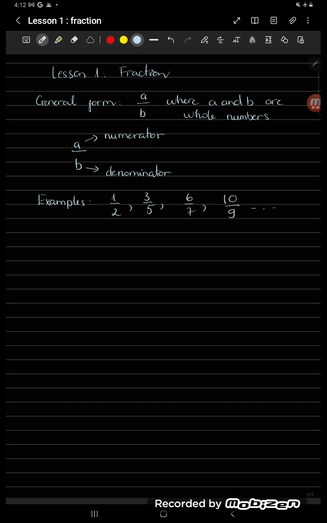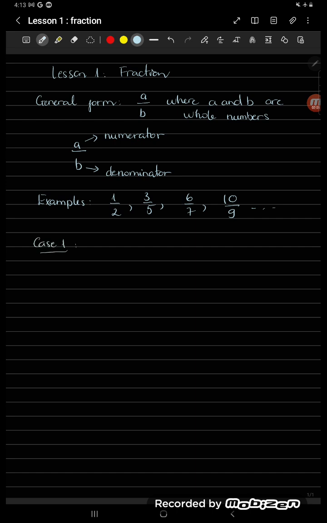So we can have a lot of examples of fractions. And there are some cases of fractions. We'll go over case by case.